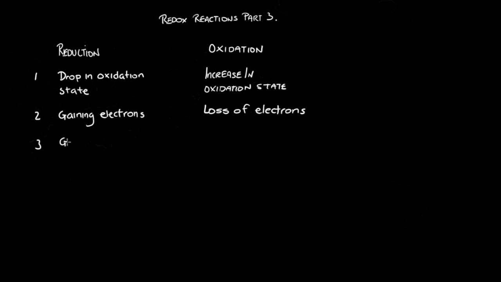Okay, so now let's have a look at a third definition for reduction. This involves gaining hydrogen, while oxidation involves the loss of hydrogen. A very basic example would be looking at an organic molecule such as ethene. And here's the molecular formula for ethene.